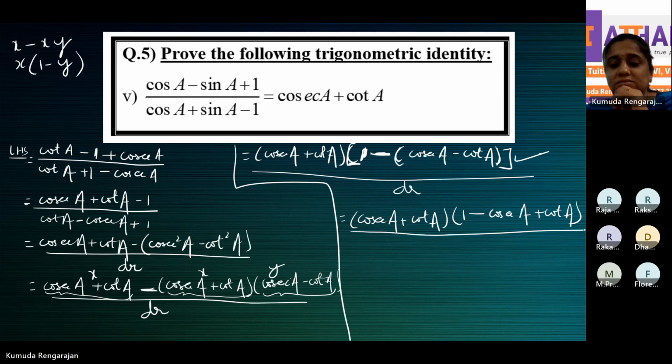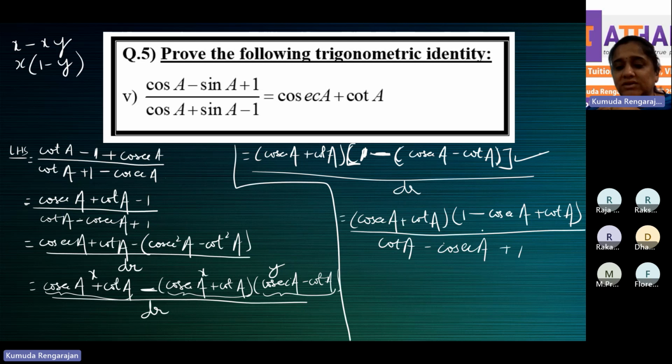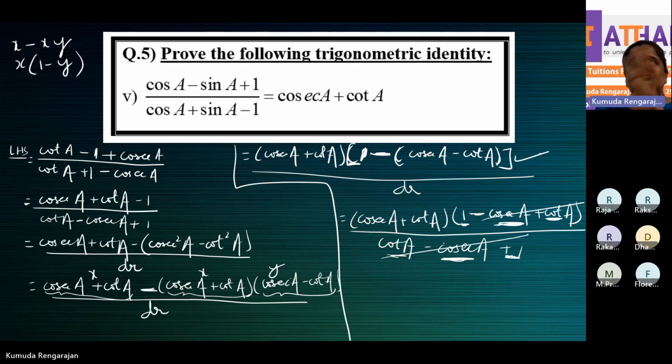Divided by, what's the denominator? Cot A minus cosecant A plus 1. So you can see here, plus 1 minus cosecant A, minus cosecant A plus cot A. Same expression cancels. Terms are in different order, but it's the same thing.